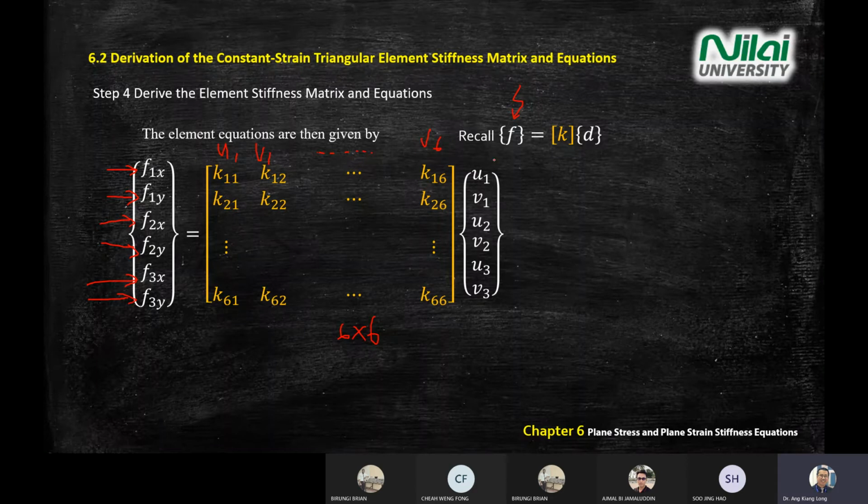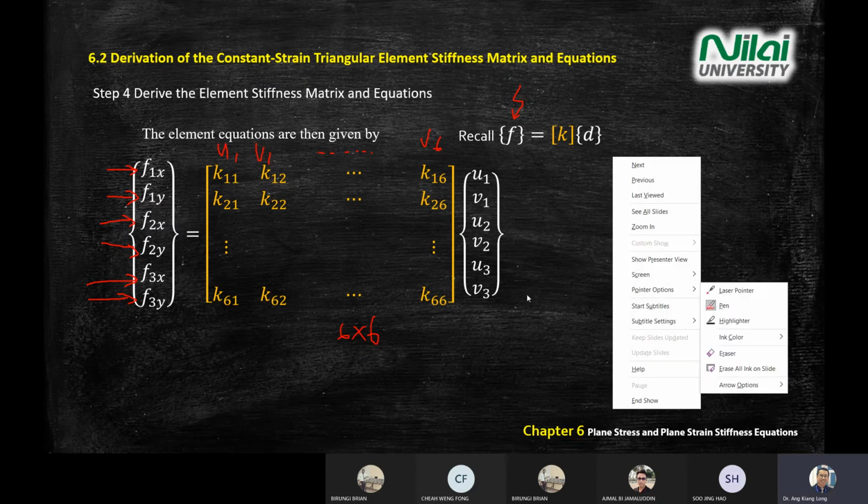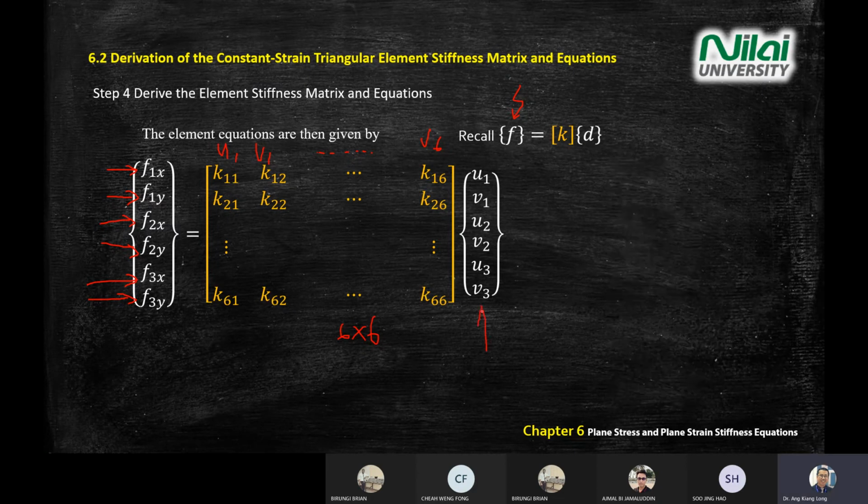So basically, you are familiar with this form, right? We still come back to F equals KD. So you solve for the D, because K is all constant values that you substitute from the diagram. You calculate the coordinates, the beta values, and so on.